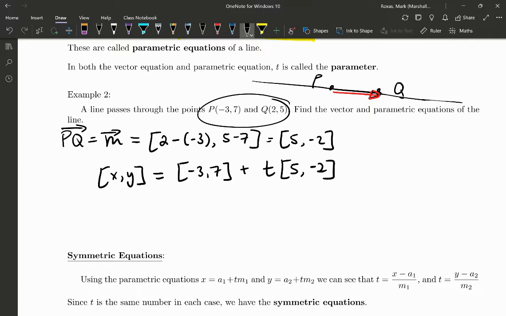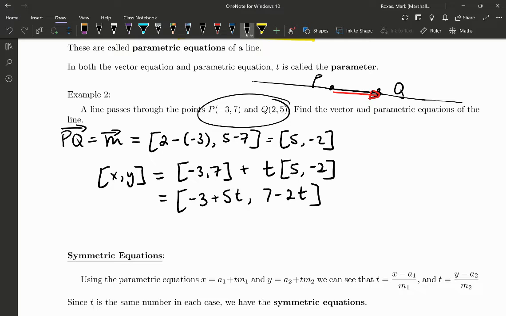If I wanted the parametric equations, I would add both of these vectors together on the right-hand side, and I would have negative 3 plus 5t and 7 minus 2t.